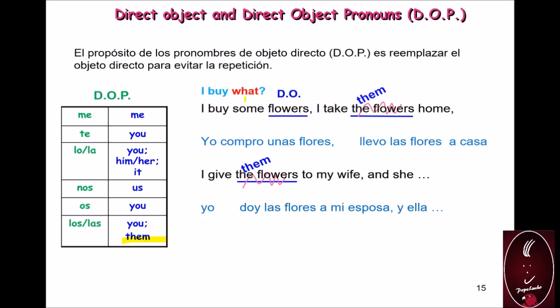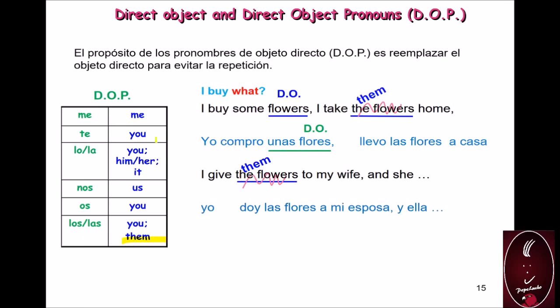Yo compro ¿qué? Direct object, unas flores. Remember the direct object? I can use direct object pronouns to replace a direct object.